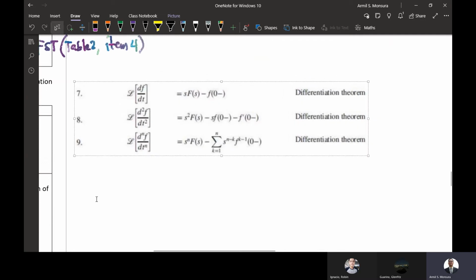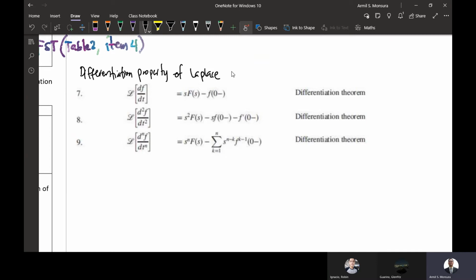Ito yung tinatawag nating differentiation property of the Laplace's form. Essentially, yung sinasabi dito is yung Laplace's form ng first derivative ng f, ng second derivative ng f, at saka ng nth derivative ng f. Okay, so yun yung andito. The Laplace's form of a derivative.